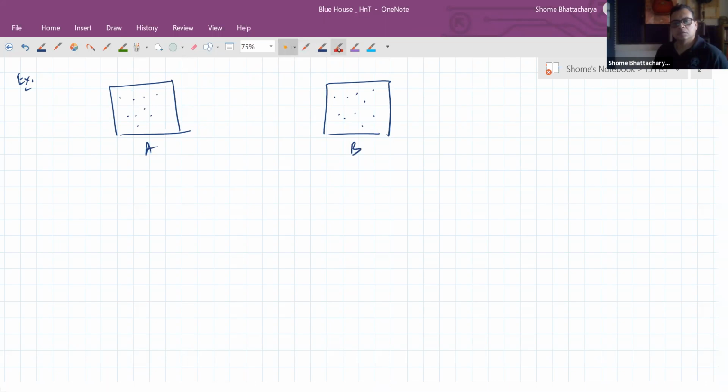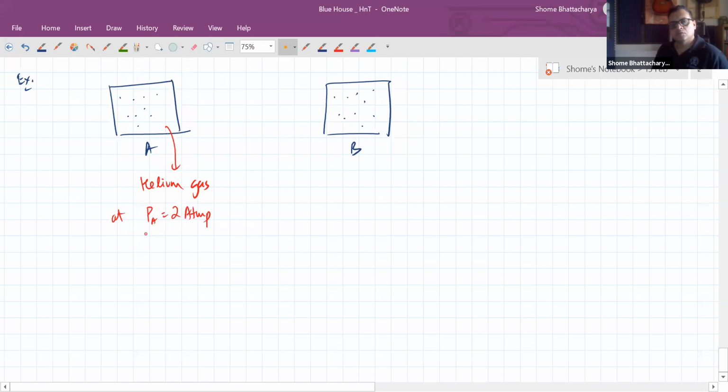Container A has helium gas at pressure of 2 atmospheres, volume of 5 liters, and temperature of 300 Kelvin.